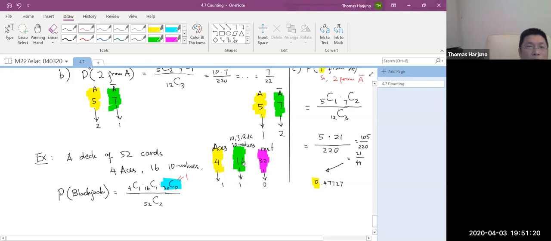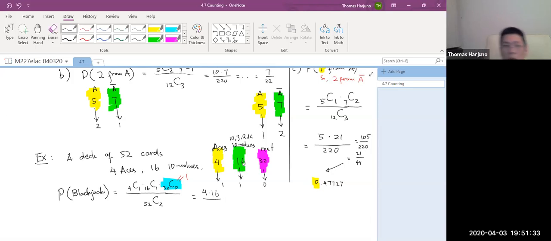Okay, if I continue computing, this will be 4 times 16 over 52 choose 2, which is 6 times 1,000, 1,326.